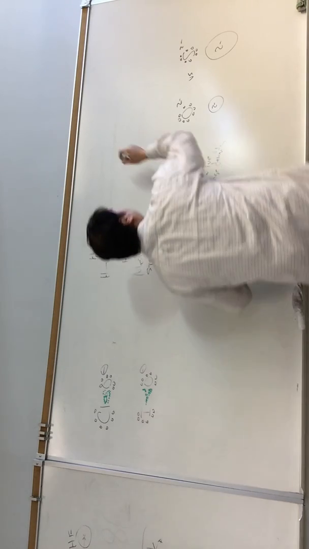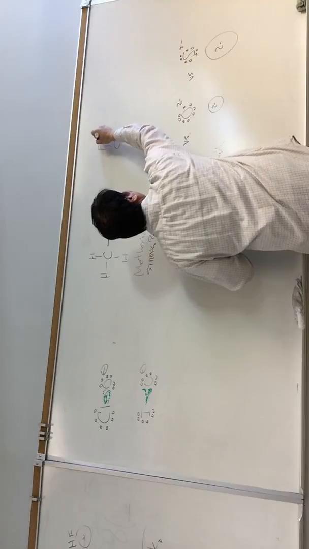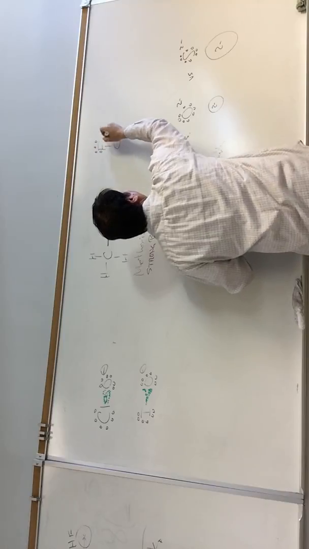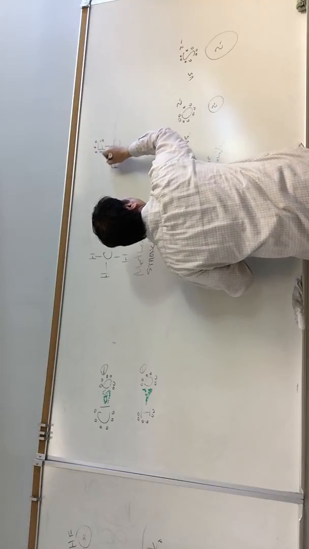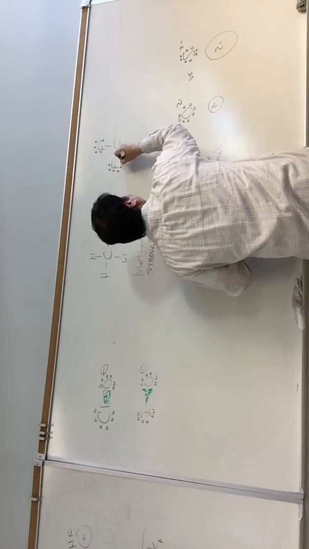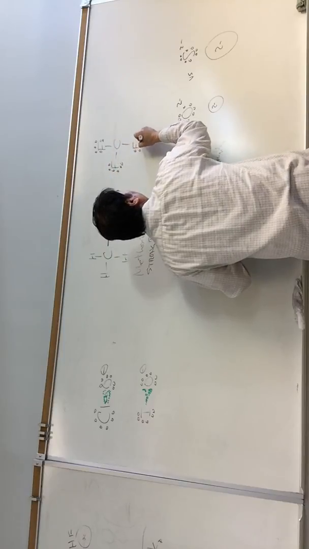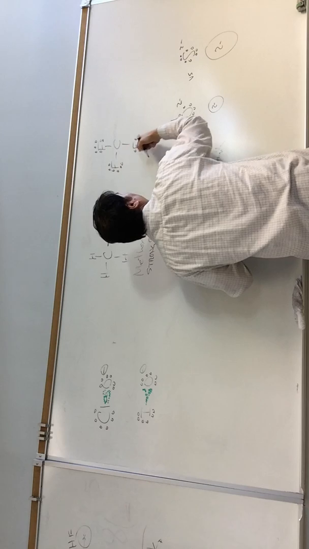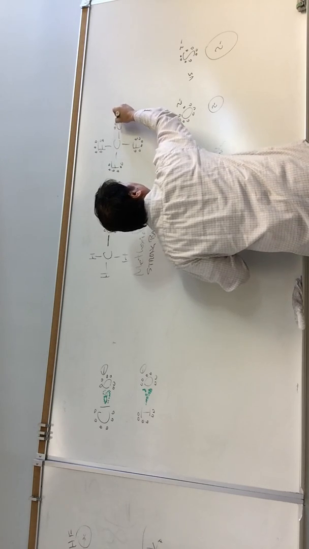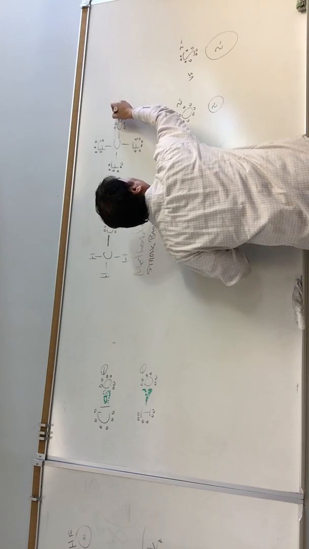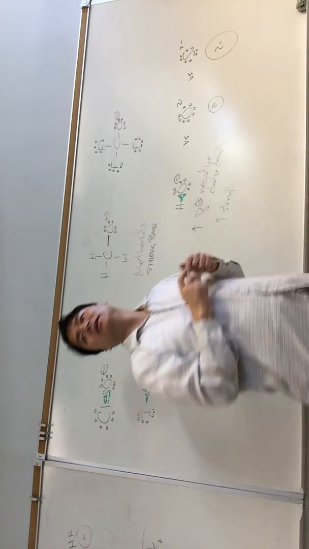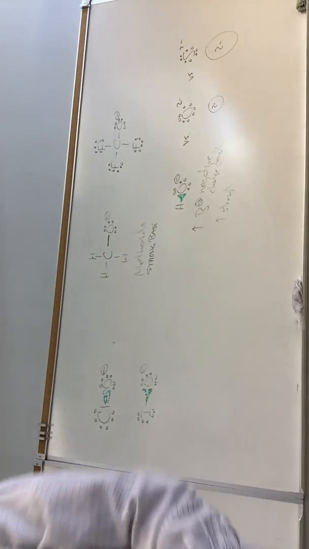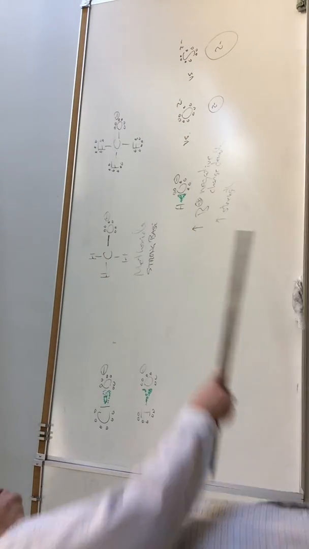Well, what if I have something like this? Trifluoromethoxide. We call these fluoro groups, fluoro substituents. If I do trifluoromethoxide, what do you think about that now? Well, you go, wait, it's still a carbon.